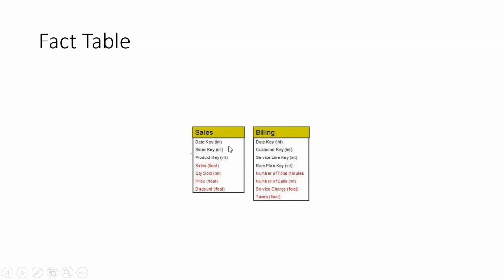I have told you what is primary key and foreign key. If you can remember, for this fact table, most of the things should be foreign keys. So it will be setting up a relationship with other dimension tables. In each of the dimension tables, there should be a primary key. There is a date dimension table and date key is the primary key. There is a store dimension table where store key is the primary key.